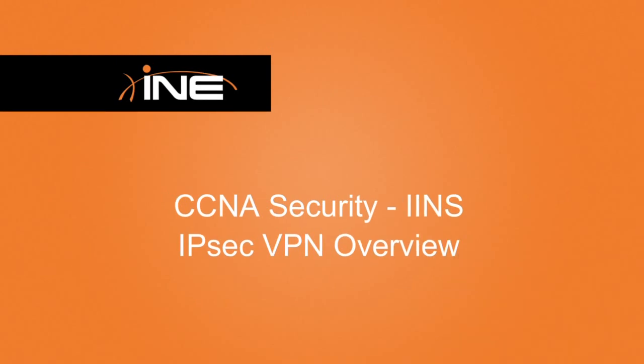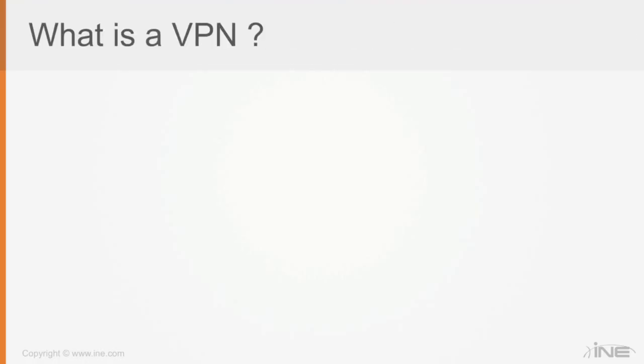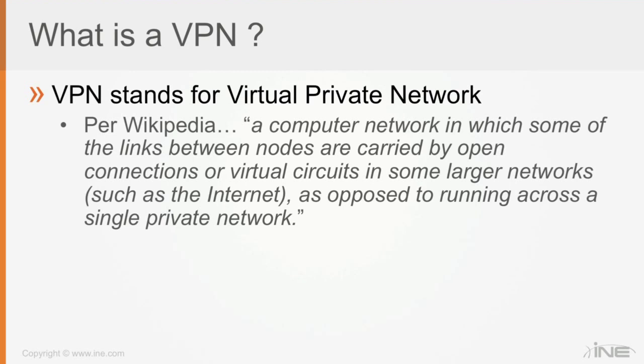So before explaining what IPsec VPNs are, let's see what VPNs are by themselves. VPN stands for virtual private network, which means it's a private network that belongs to a company. But because that network is going to be connected over some kind of open network like the internet, you're going to have some kind of virtual connectivity in between.